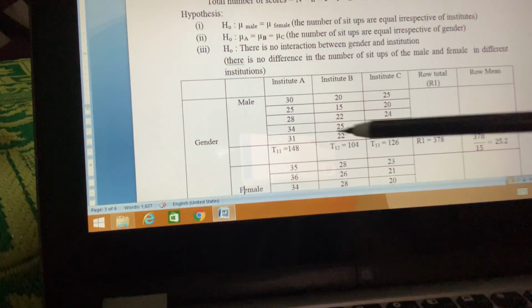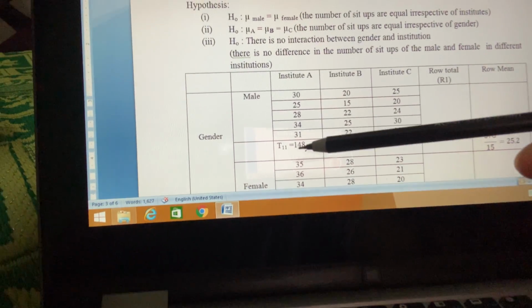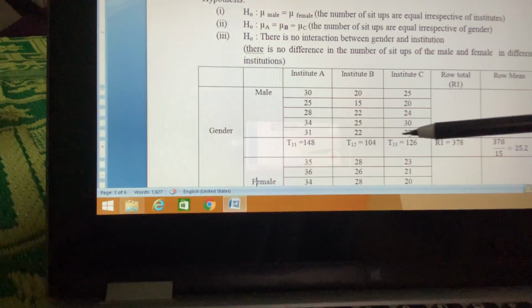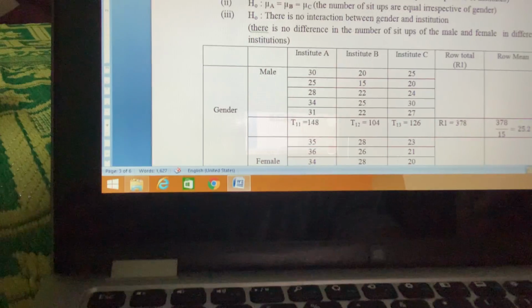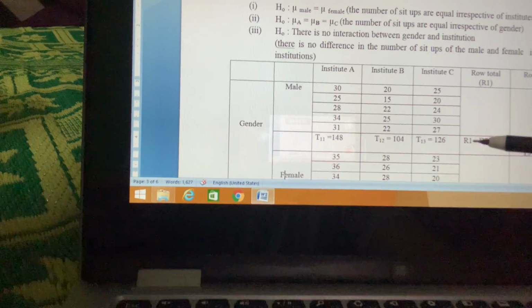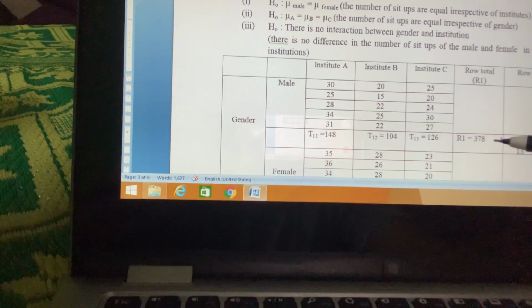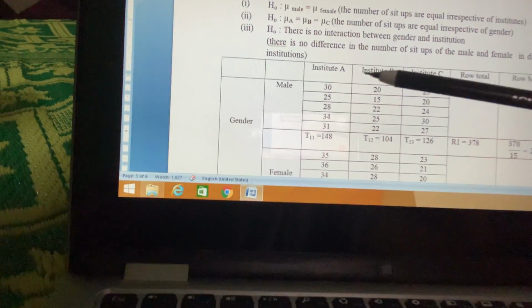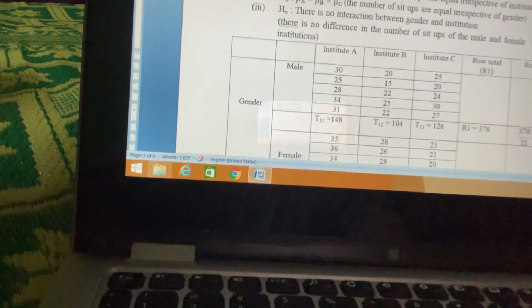Now, let me show you those things. These are the totals of one row, one column, so column A, column B, column C of male, and the row total of male, and then the row mean, right. So, there are 15 scores all total divided by 15.